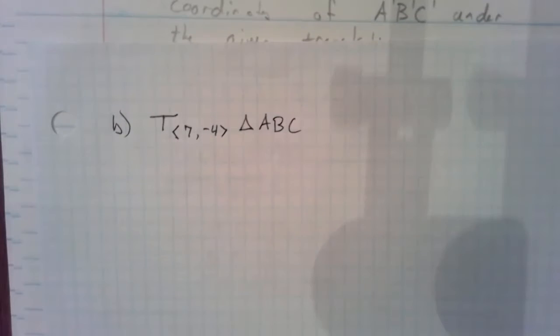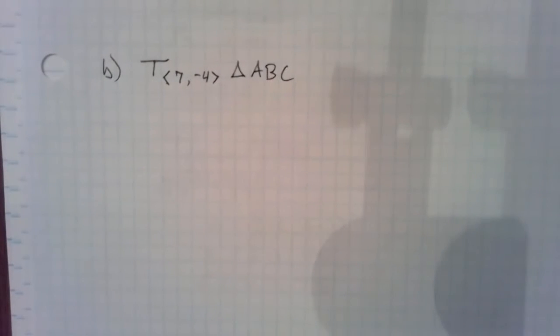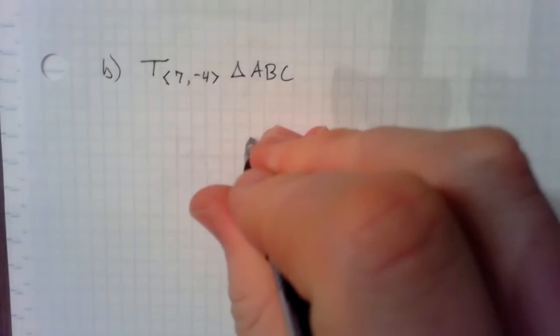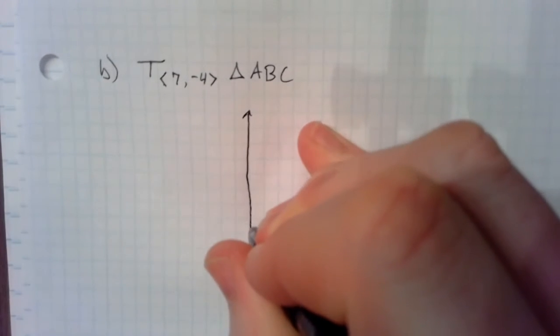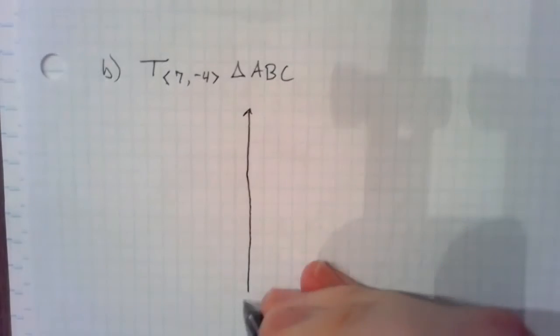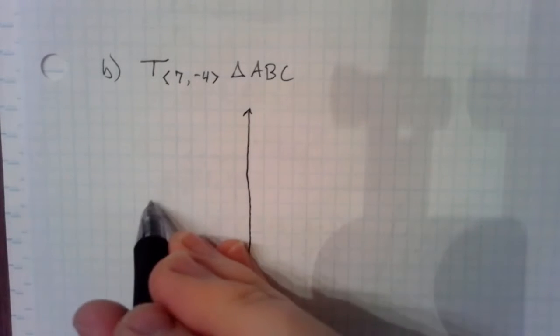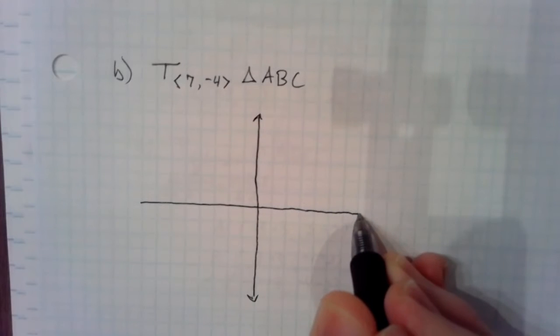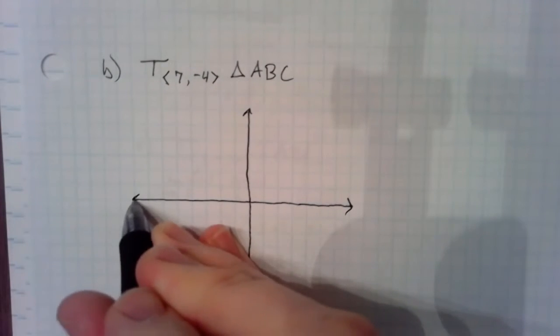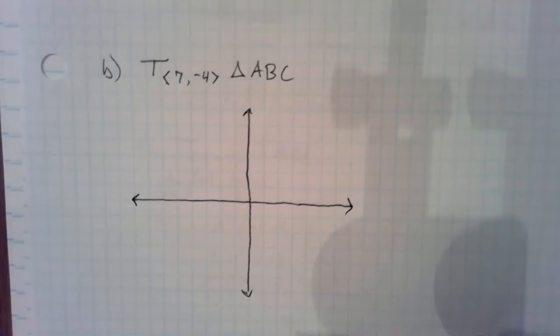But this time they're going to give me a graph. So here, I'll make a little graph, nothing too fancy. Here's my y-axis. Here's my x-axis. And our triangle is going to have the coordinates -5, 4.